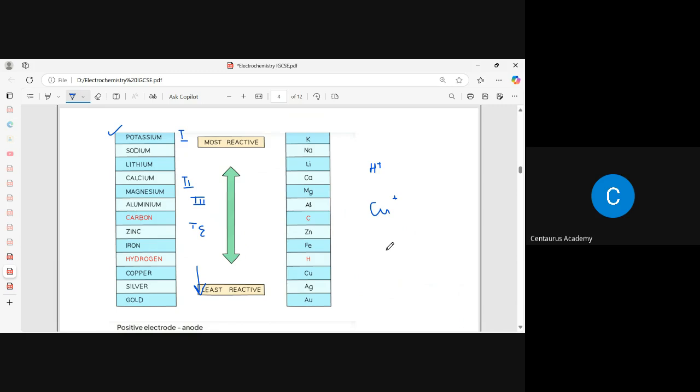Which cation will be deposited onto the cathode if both of these cations are present within the electrolyte? Copper. Why? Because it is less reactive than hydrogen. Yes. So the less reactive one is always deposited onto the cathode, and the more reactive one remains within the solution.